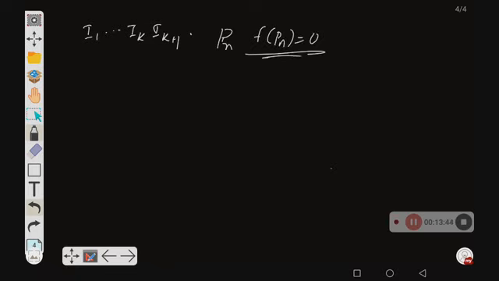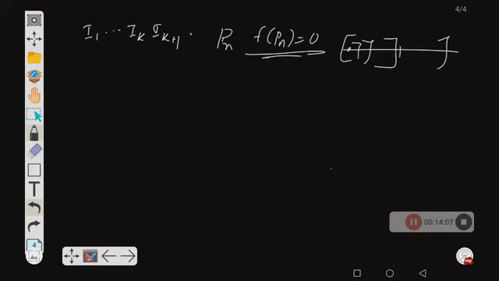If the process terminates, then we will get a point Pn such that f of Pn is equal to 0. Okay, we have done with the proof.